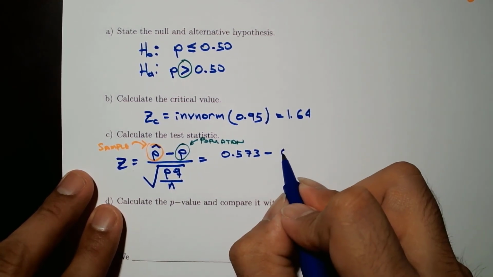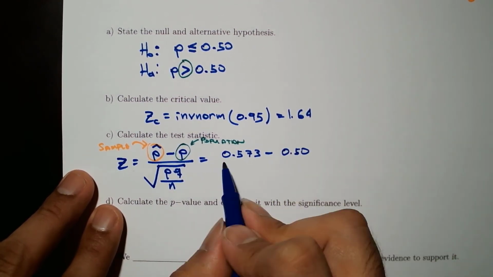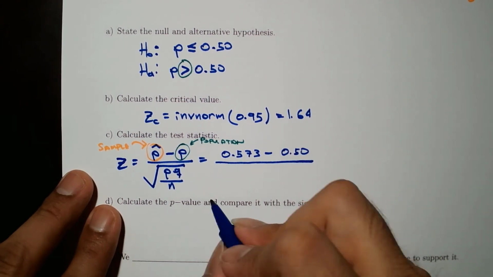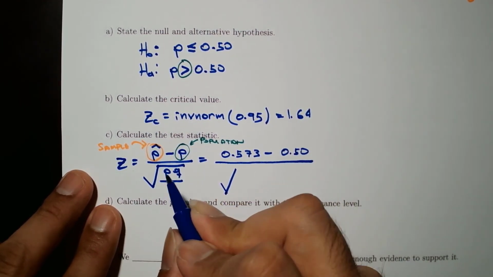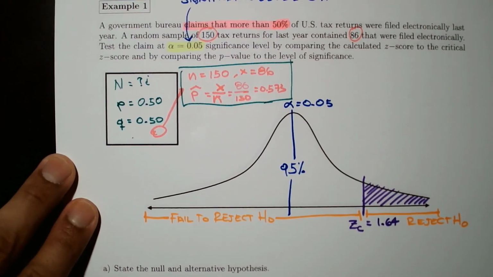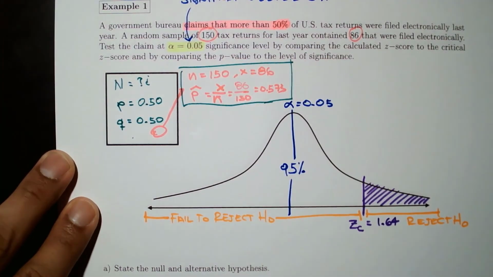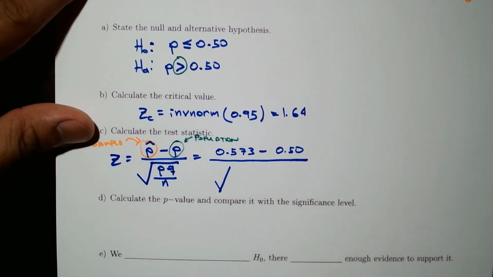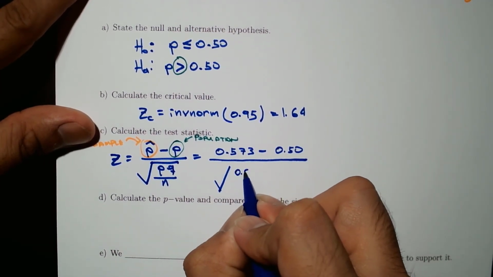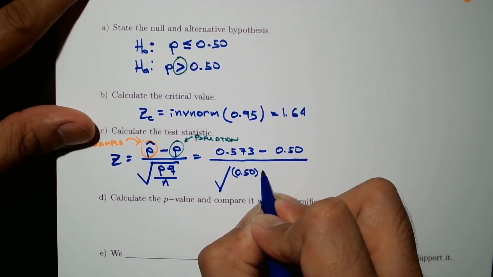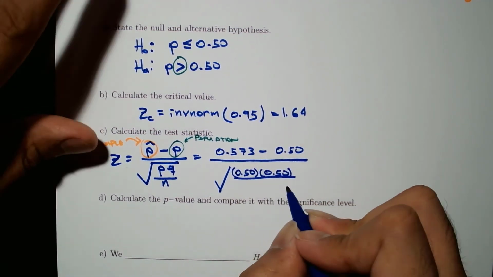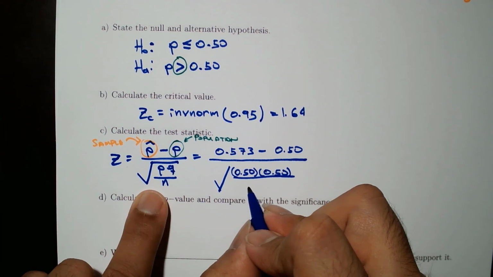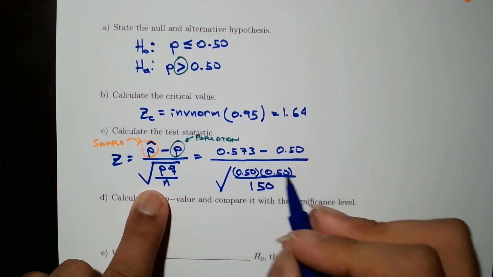Well, that's 0.50, divided by the square root of pq. These two come from the population, 0.50, 0.50. 0.50 times itself, and divided by n, which is the sample size, which for us in this case is 150.